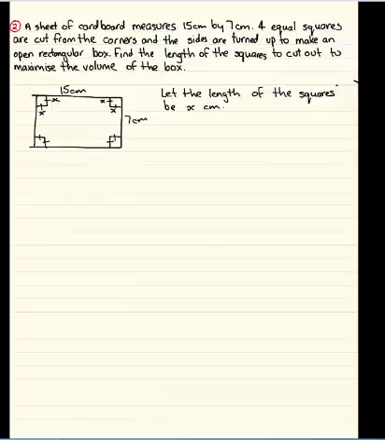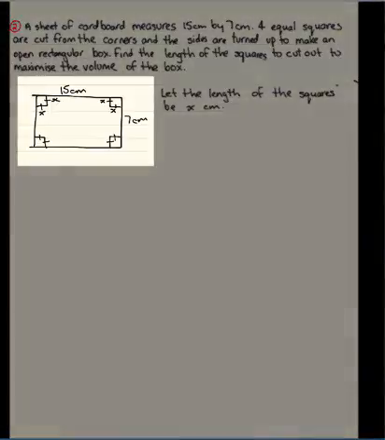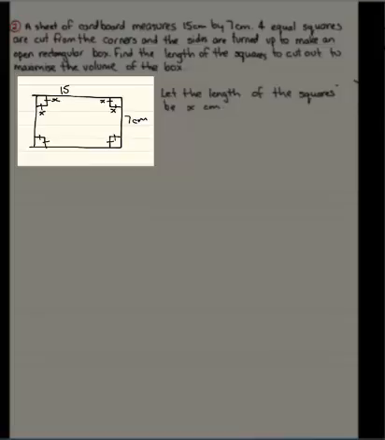So if we originally started off with 15 centimeters, then after I cut out these squares, the length of my rectangular box when I fold it up is going to be 15 minus 2x, because we've cut these two lengths x out.